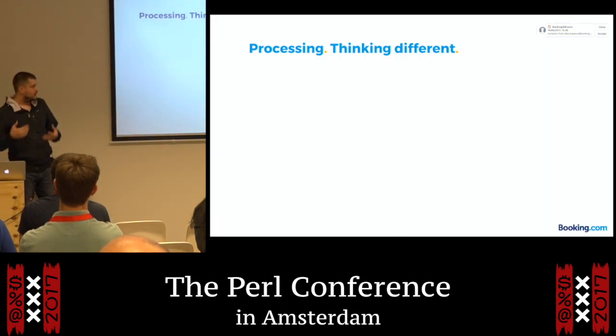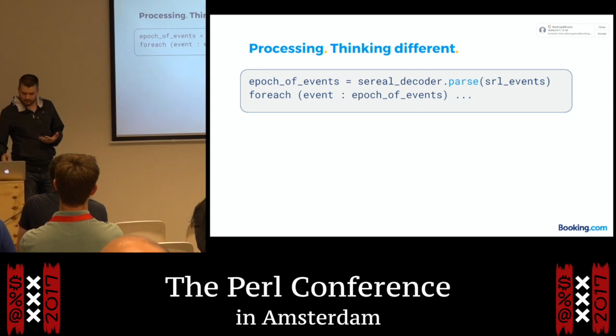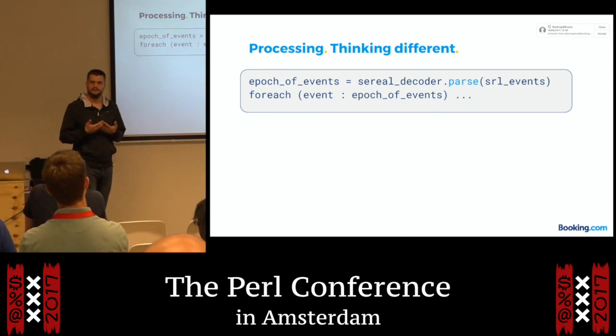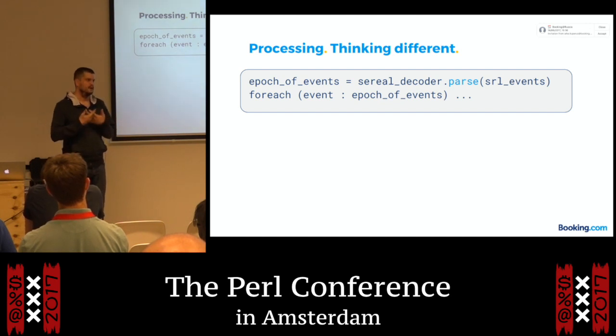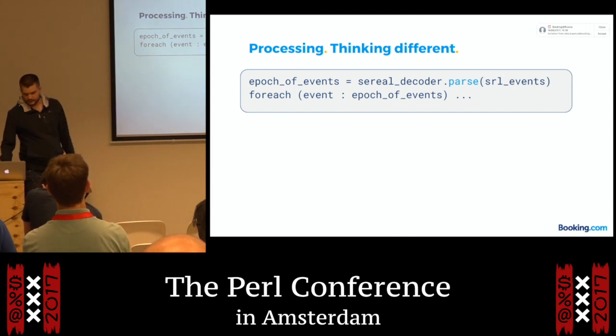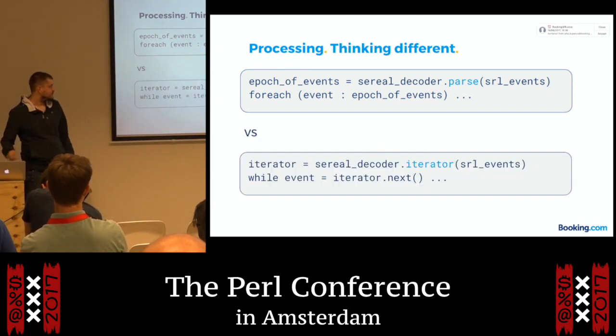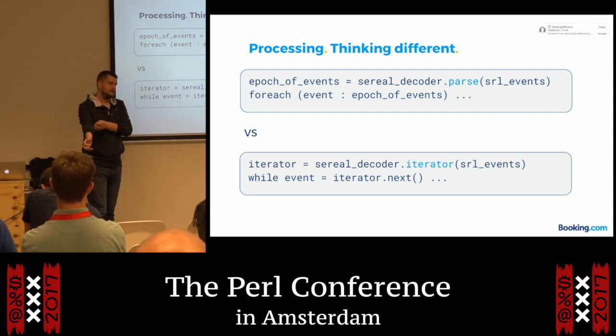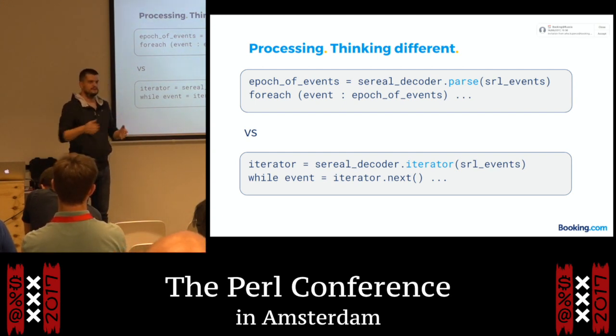Since the main problem was that we have to deserialize a second of events and keep it in RAM to process it, the idea was: what if we do it a little bit differently? Instead of deserializing the entire set of events, we process them one by one.